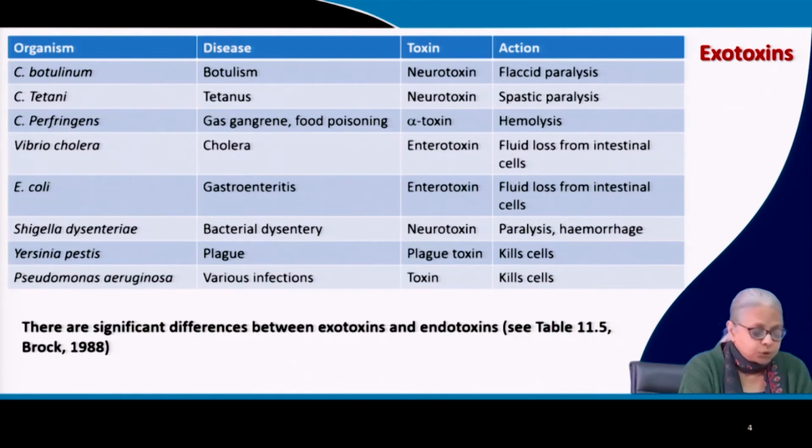Immunogenicity: exotoxins are highly immunogenic. They stimulate the production of neutralizing antibodies. They are relatively pure. Endotoxins, on the other hand, are relatively poor immunogens, and the immune response is generally not sufficient for neutralizing the toxin. Then we come to the toxoid potential.